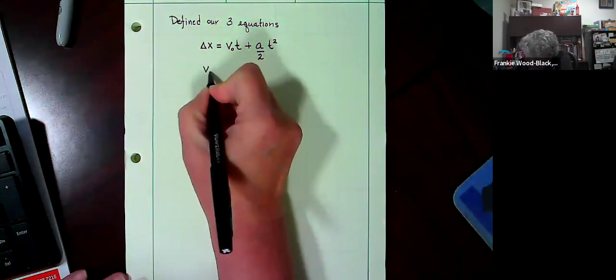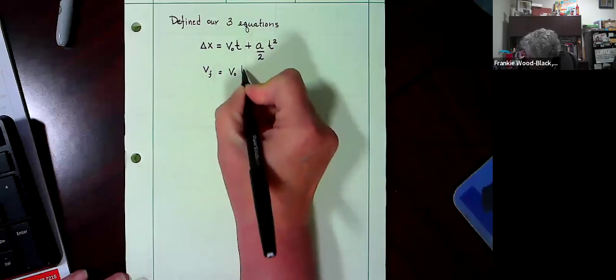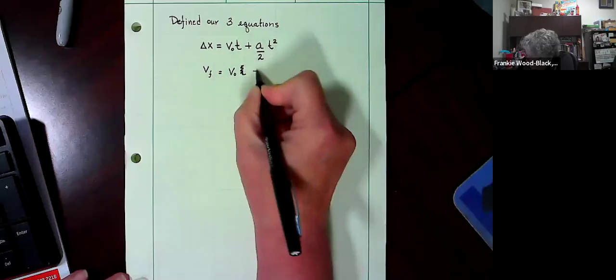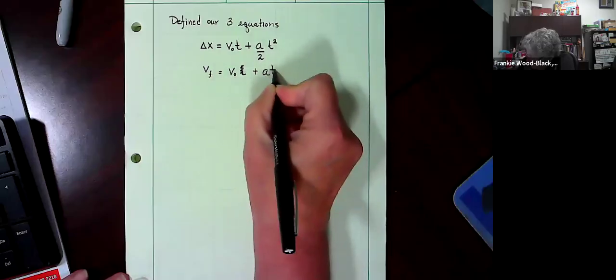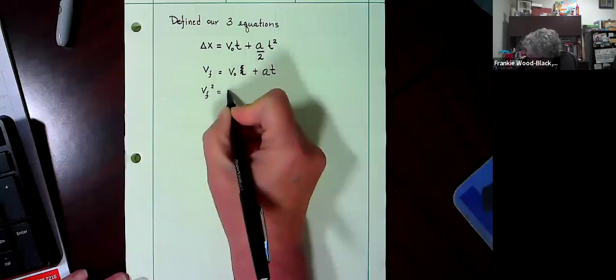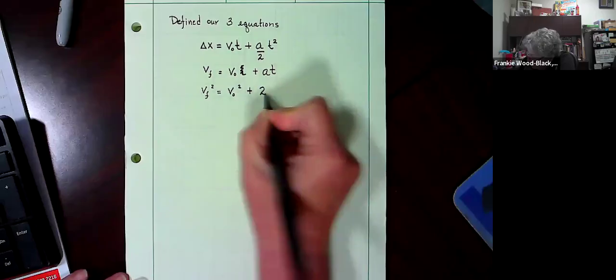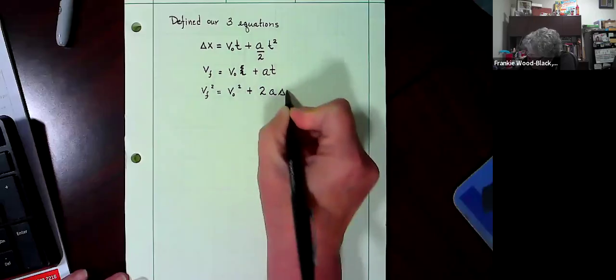I also have my velocity final is equal to my velocity initial plus acceleration times time. And I have velocity final squared is equal to my velocity initial squared plus 2 times my acceleration times my change in position.